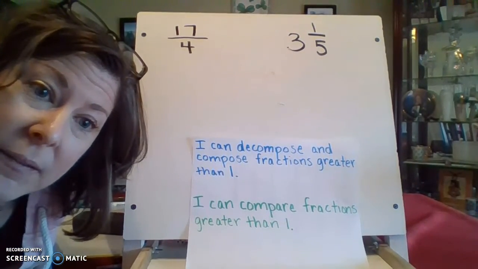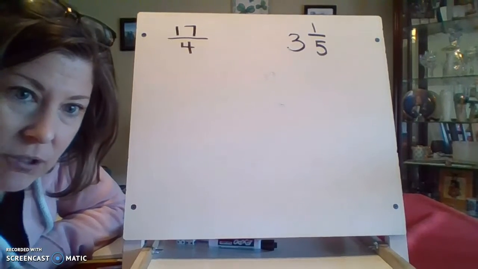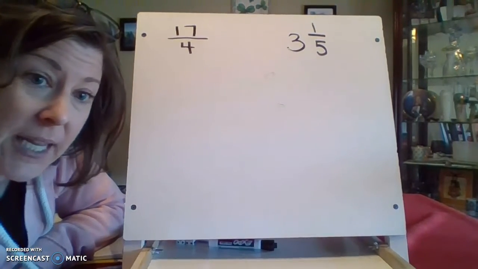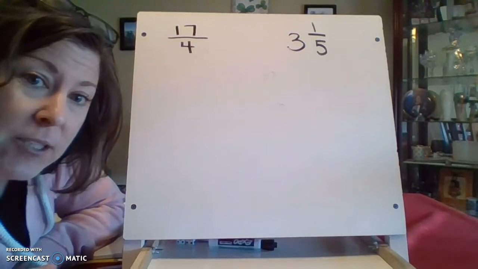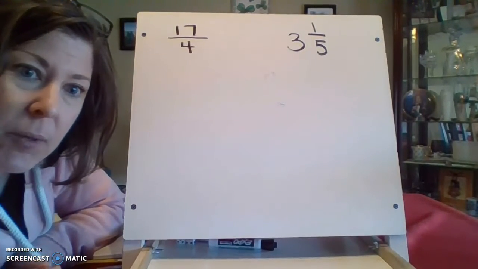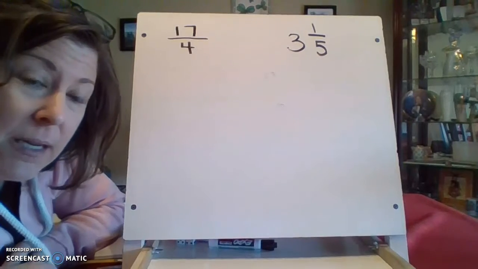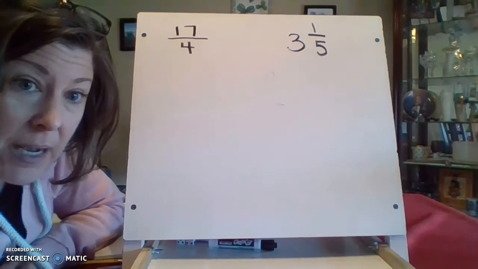So let's get started. So remember yesterday, we had our improper fraction, or as I like to say, improper, and we were changing it to a mixed number. Now, there's two ways I can do that. I can do that with the number bond, but I can also do that by dividing.